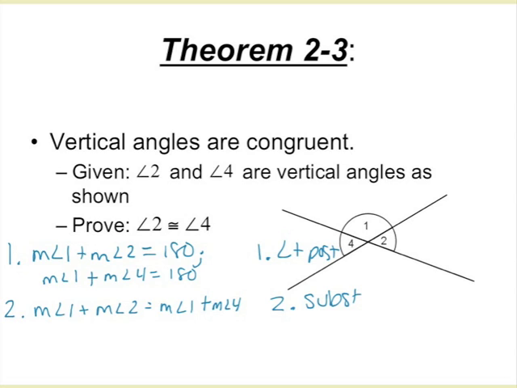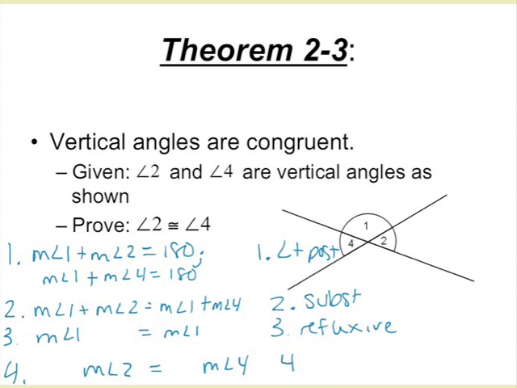So what can I say about angle 1? Reflexive. It's at least equal to itself, if nothing else. And then if I think about steps 2 and 3 like an algebra problem, you guys said I would want to get rid of angle 1. What kind of math is that that gets rid of it?